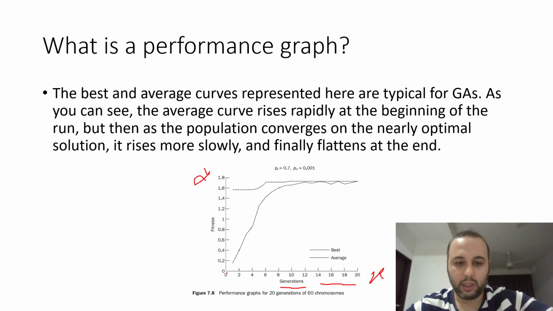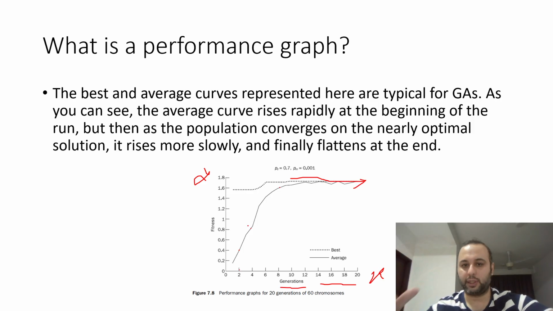Okay, you can see as the algorithm goes forward, meaning the number of iterations increases, the value of the fitness settles on a certain value and is sustained. They call it convergence.